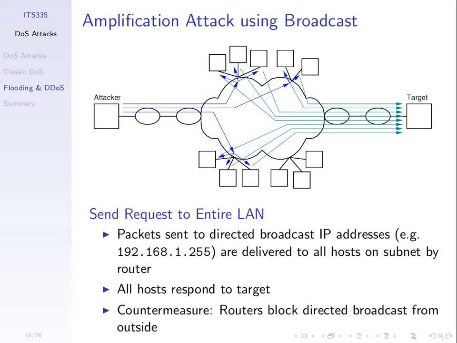And we send another ping to another subnet. That message is delivered to all hosts on that subnet, and then they all reply to the target. So this is again amplification: the attacker is sending just 3 messages, but what comes to the target is multiplied based upon the number of hosts in each subnet. Okay, that's the idea here.